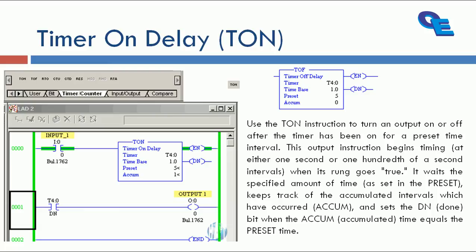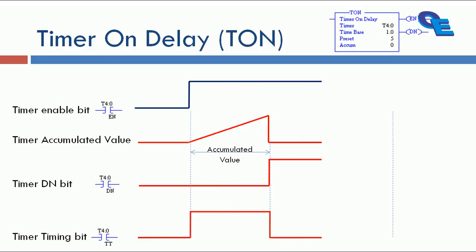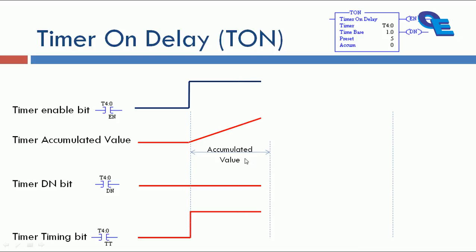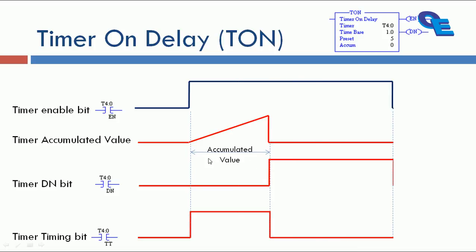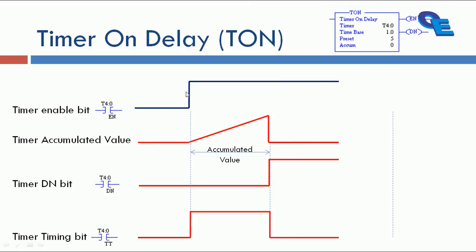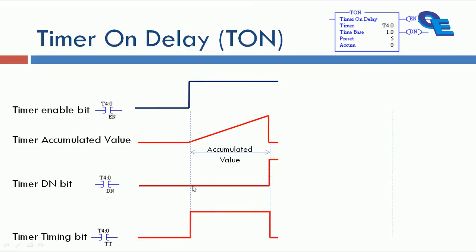Here you can see the input and output waveform for this TON delay. This will be the preset value. This is our input waveform, and this is our output waveform.